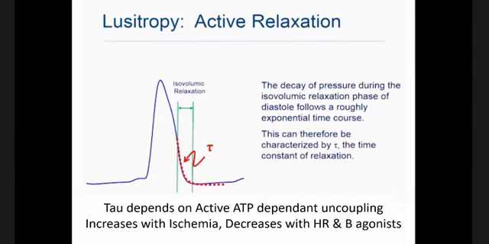So lusitropy is measured by tau, which depends on the active ATP dependent uncoupling, and it increases with ischemia and decreases with heart rate and beta agonists.